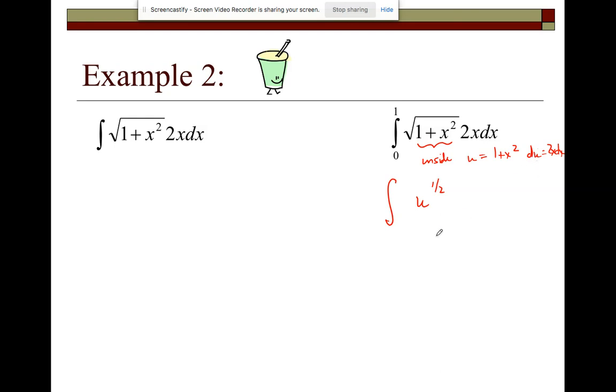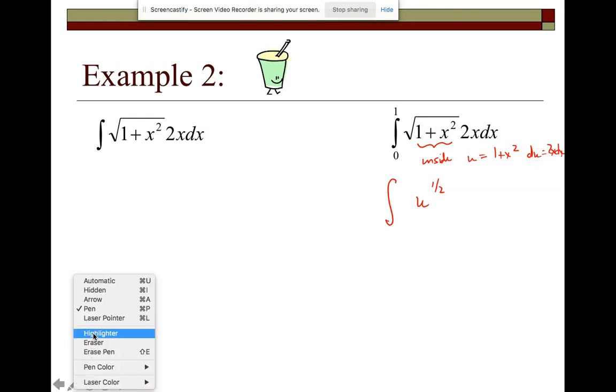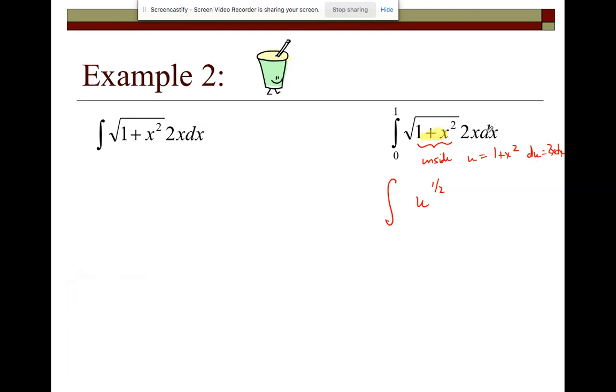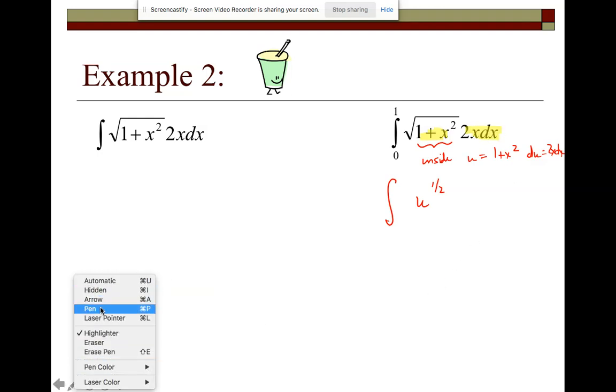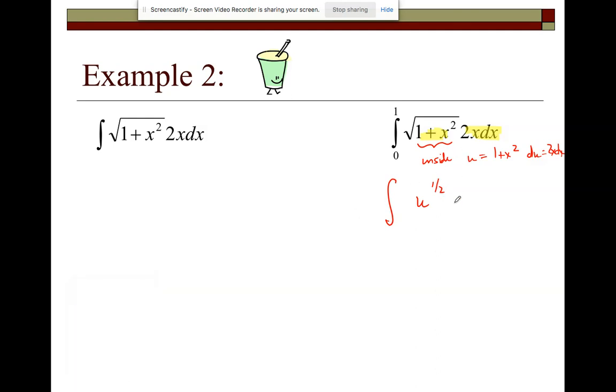I highlighted: there's my u, there's my du. The only thing that wasn't highlighted yellow is the square root, the power of a half.